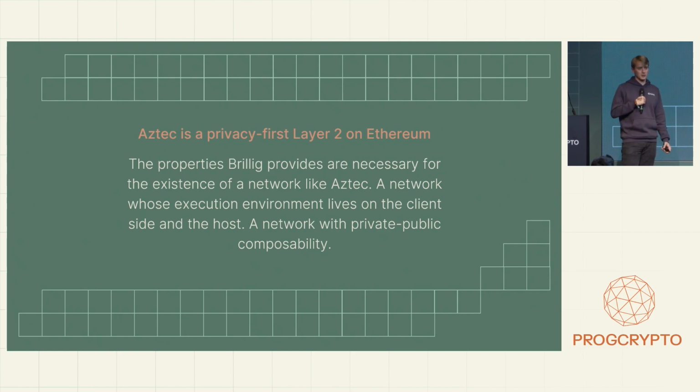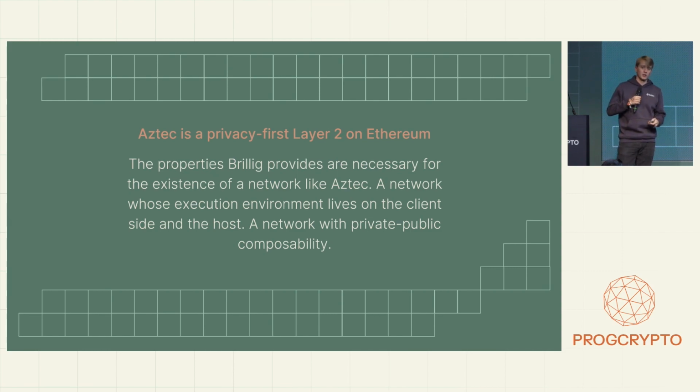So Aztec is building a privacy-first layer 2 on Ethereum, and these properties that I just went over about unconstrained execution and the ability to access something outside not only the circuit but from the VM environment itself is necessary for a network like Aztec to exist, because a network like Aztec, which wants to have private functionality and public functionality, you need to be able to execute circuits on the client side, but you also need to have that VM functionality I went over for public sequencers.